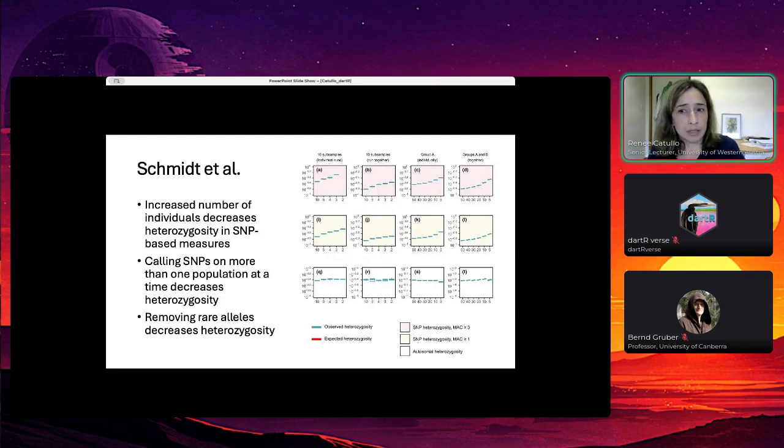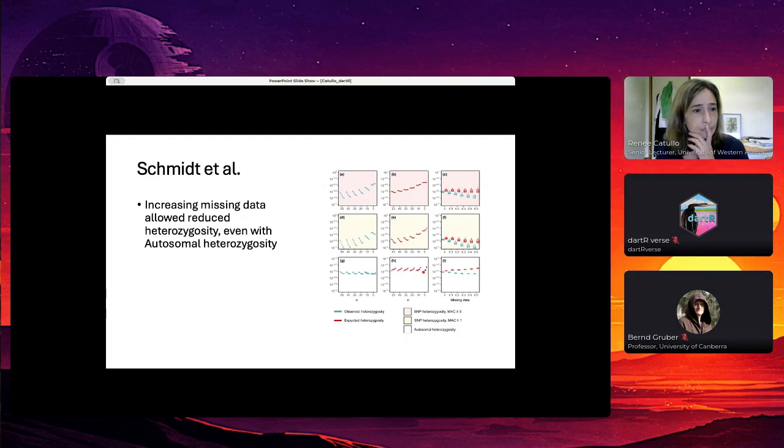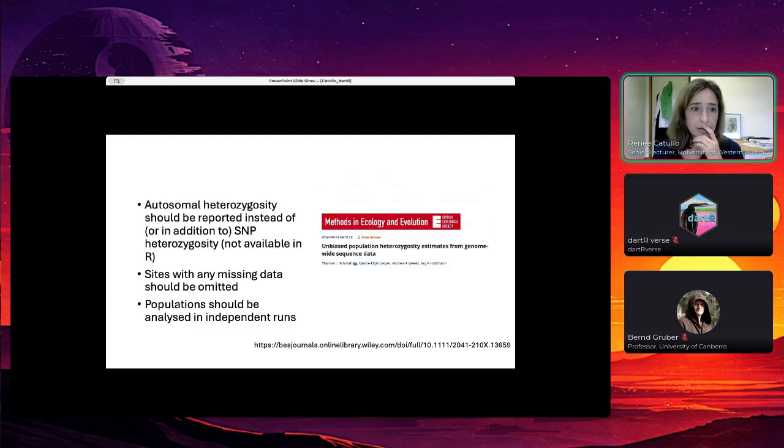So how you do your rare allele filtering is really important in demographic analyses. They found that increasing missing data reduced heterozygosity, even with what they call autosomal heterozygosity, and had a series of conclusions. So you should report autosomal heterozygosity and not SNP-based heterozygosity.